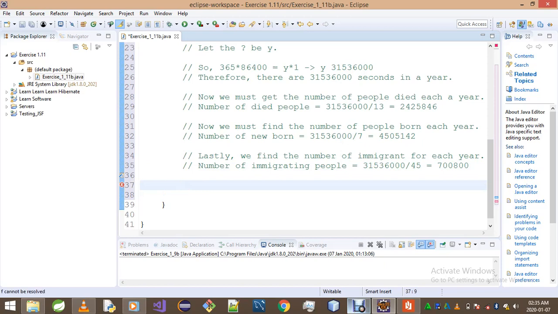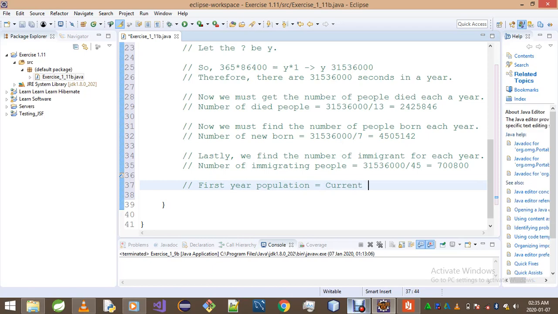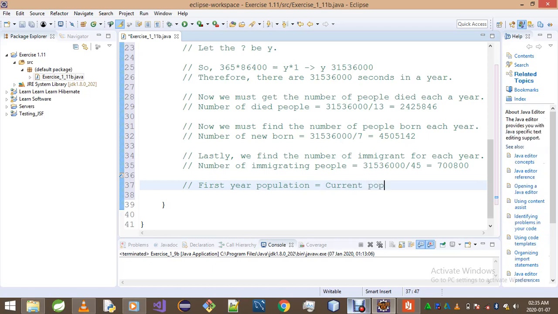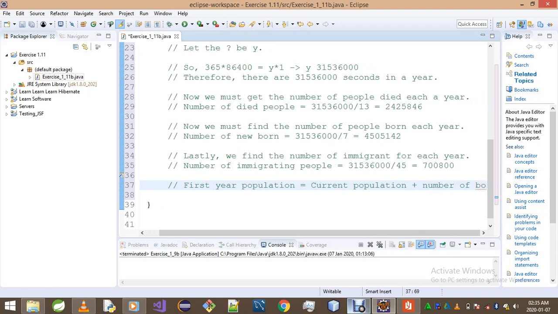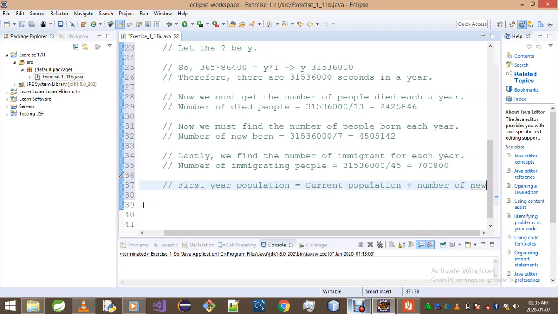So let's just go first year population is equals to current population plus number of newborns.